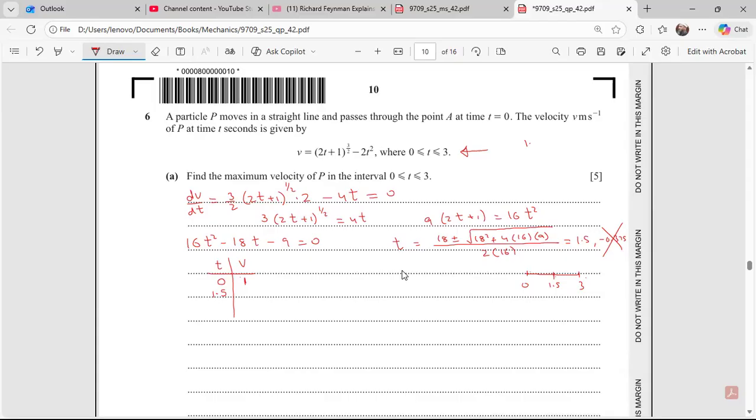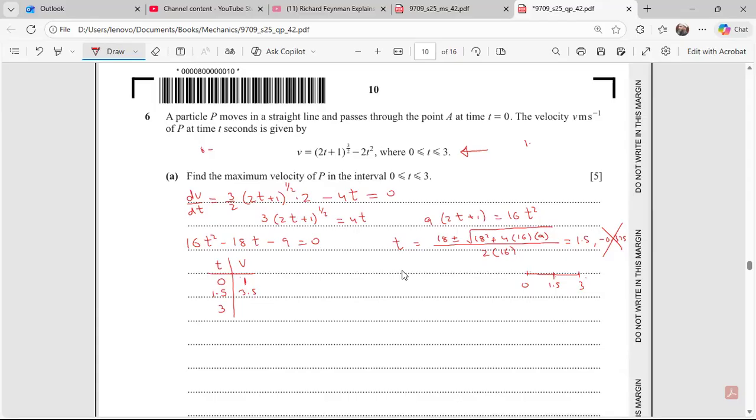So it is going to be 8 minus 2 times 1.5 square. So this comes out to be 3.5.